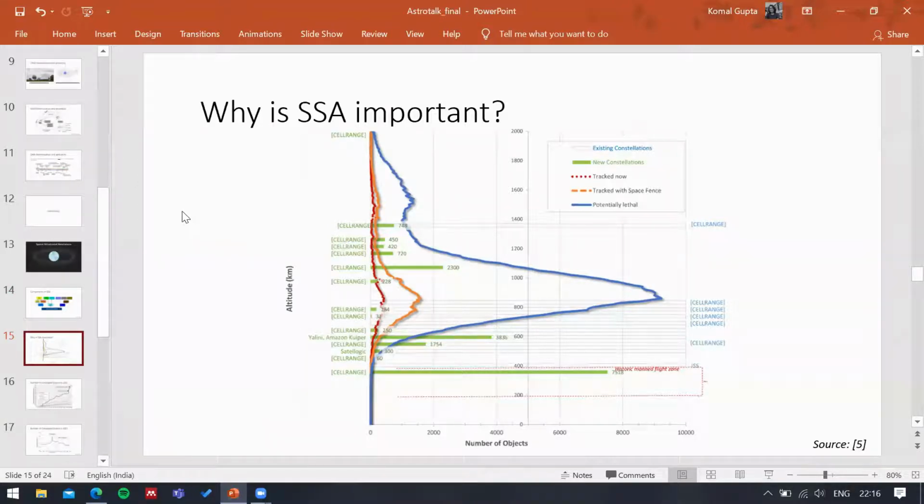So we are fairly dependent on space objects for navigation, weather, and Earth observation. Space has become critical infrastructure in our day-to-day life. And that doesn't just end there. We also have human outposts in space, such as the ISS, and these things are an asset, not just to any particular group of people, but for humanity as a whole.